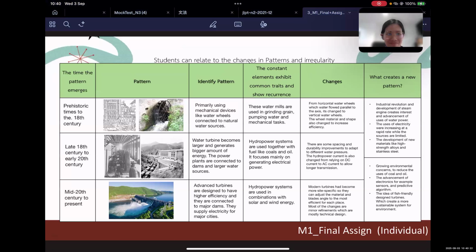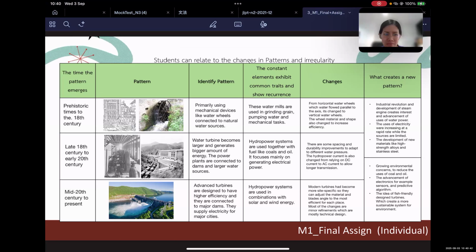Okay, so the pattern I chose is hydropower, and it's almost the same as the one my friend presented, but how I separate it is a little different. The first pattern is the ancient era.